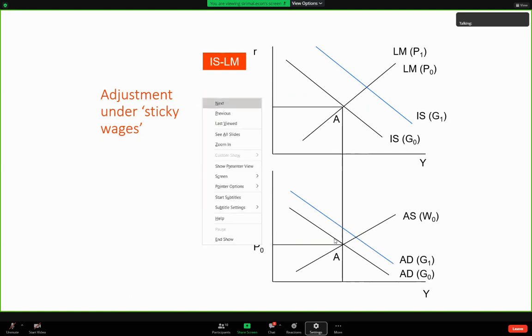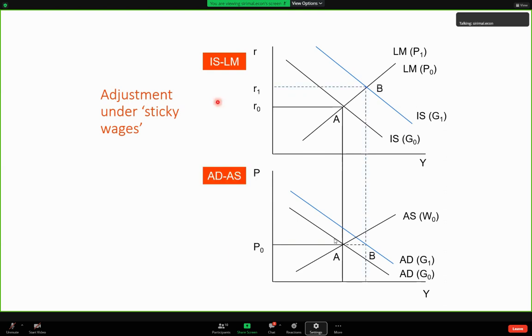So we increase government spending. You can see that E0 increased to E1. New equilibrium point is point B here. And point B we mark here and draw the aggregate demand function to that point.